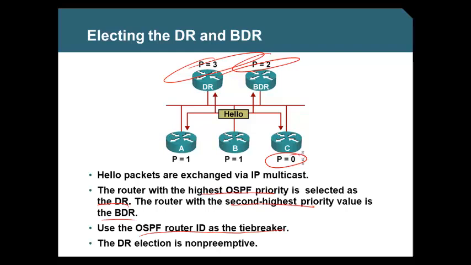No, it cannot. Why? Because OSPF is non-preemptive. So A cannot become a designated router. DR election is non-preemptive.